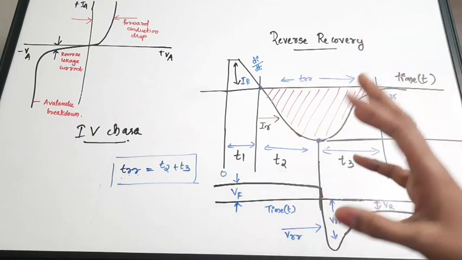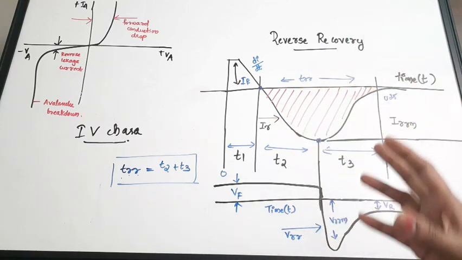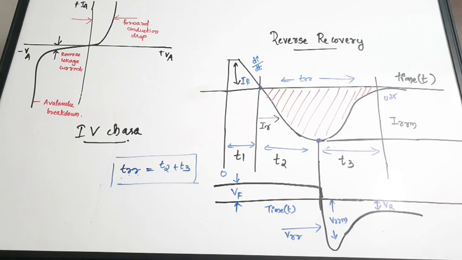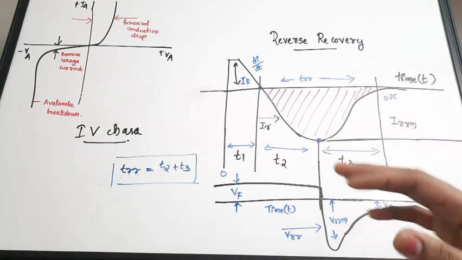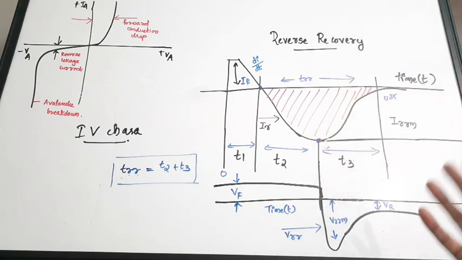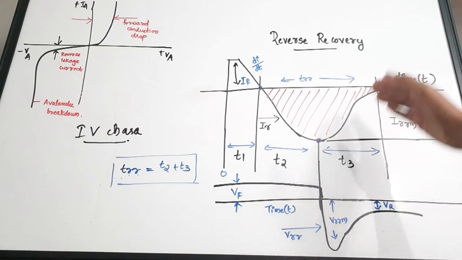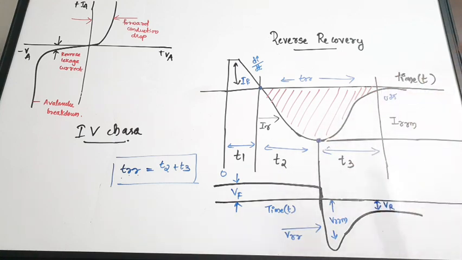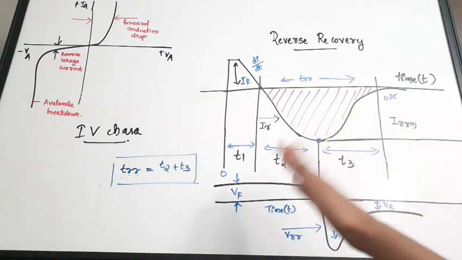This negative current is due to the presence of some trapped charges which are stored between the layers of the diode, and after some point these charges will be removed from the semiconductor layers, due to which the current will go back to a relatively positive value or close to 0.